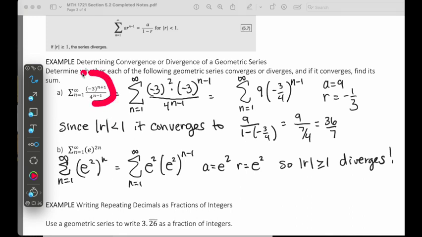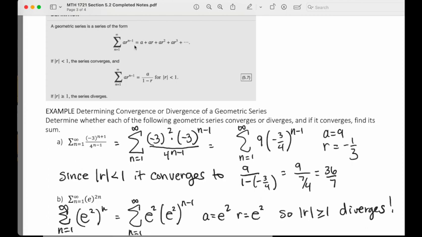So using some algebra manipulation, I'm going to rewrite this sum as (-3)^2 times (-3)^(n-1). Now, we need to rewrite it so that we have it in this form, so we can identify the values of a and r.